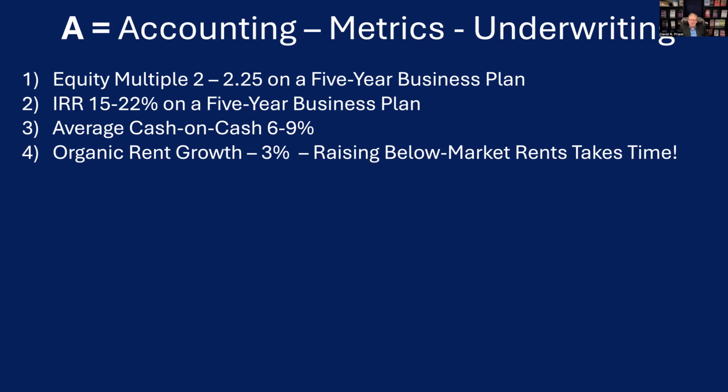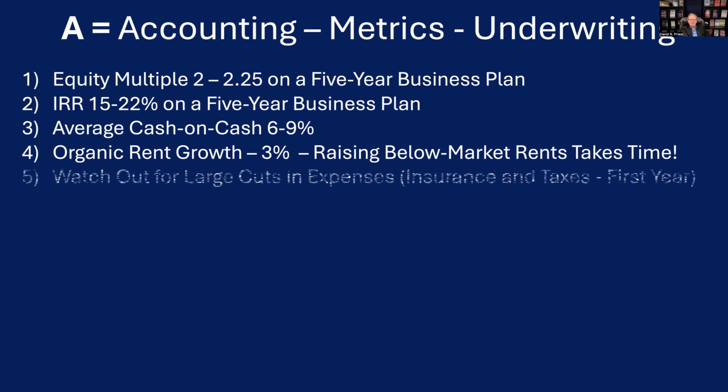And the answer is no. If you don't do it slow enough to keep the occupancy up, you're not really raising rents. You're just getting more rent from fewer renters, and it really stays about the same. So be careful about that. If they're going to go in and raise rents very quickly on a property, you're probably going to lose occupancy, and the underwriting they're thinking is flawed, in my opinion.